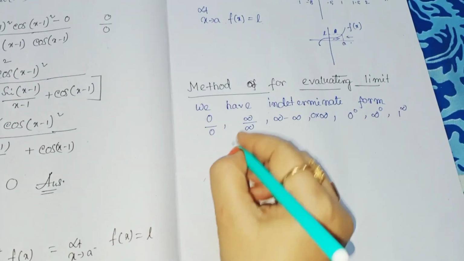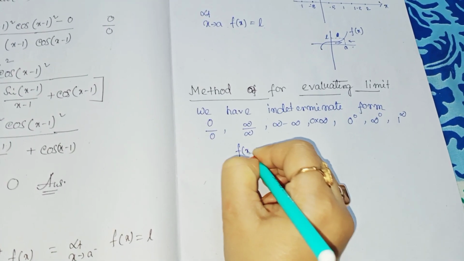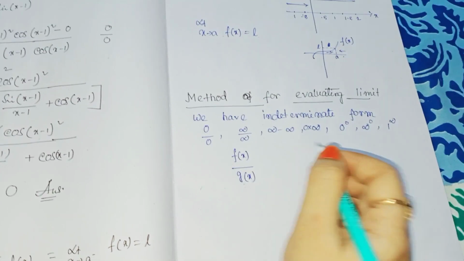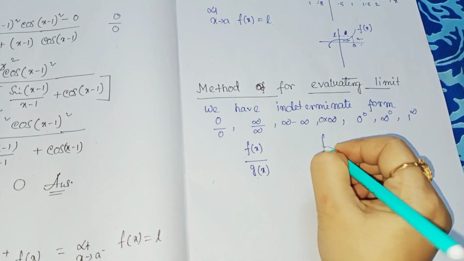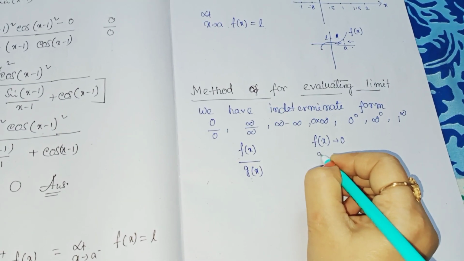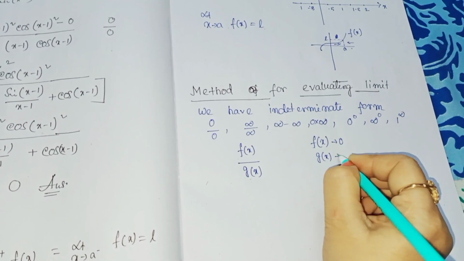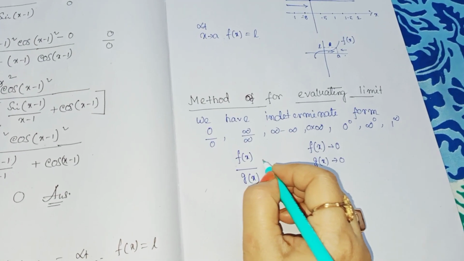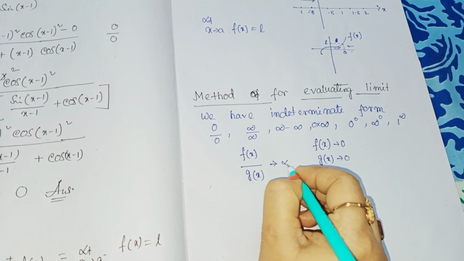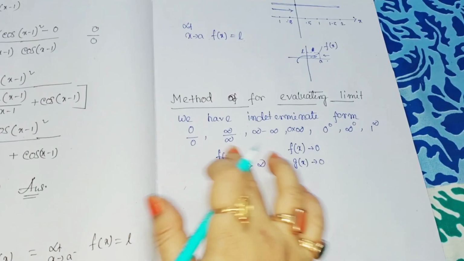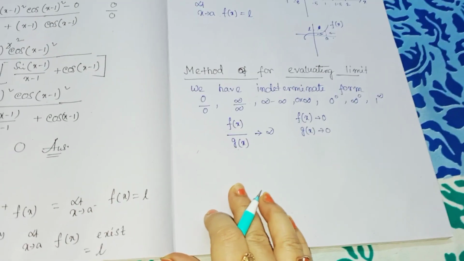Here f of x by g of x: if for the two functions, f of x tends to 0 and g of x tends to 0, then f of x by g of x is of the 0 by 0 form. This is called the indeterminate form.